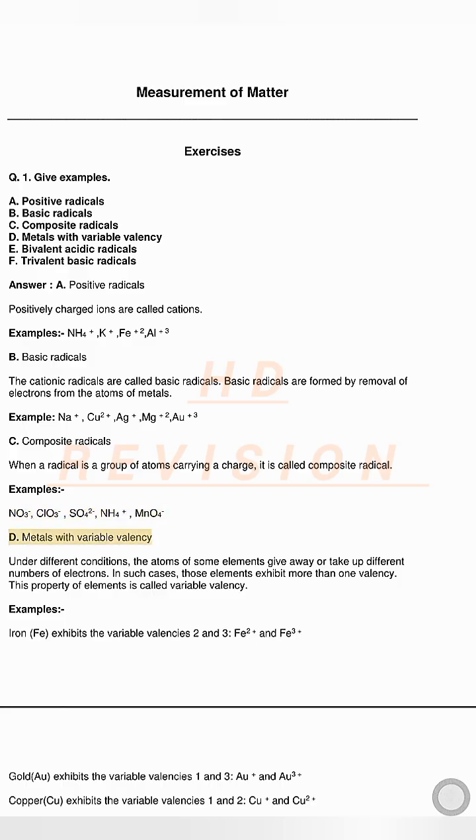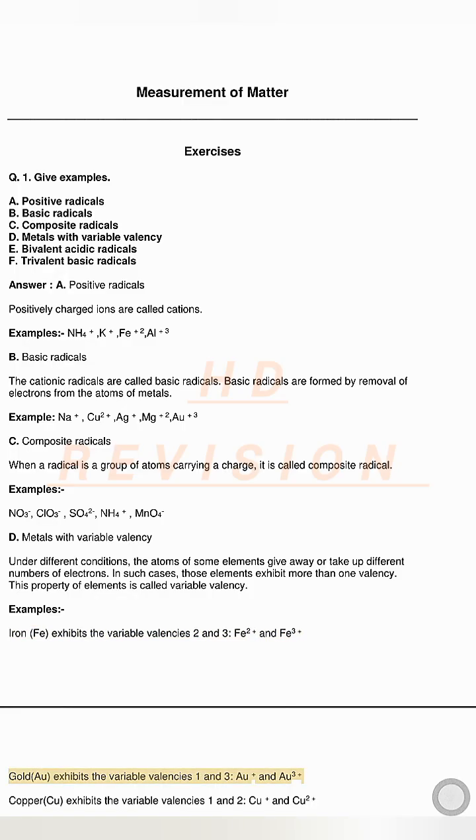D metals with variable valency. Under different conditions, the atoms of some elements give away or take up different numbers of electrons. In such cases, those elements exhibit more than one valency. This property of elements is called variable valency. Examples: Iron Fe exhibits the variable valencies 2 and 3, Fe2+ and Fe3+.